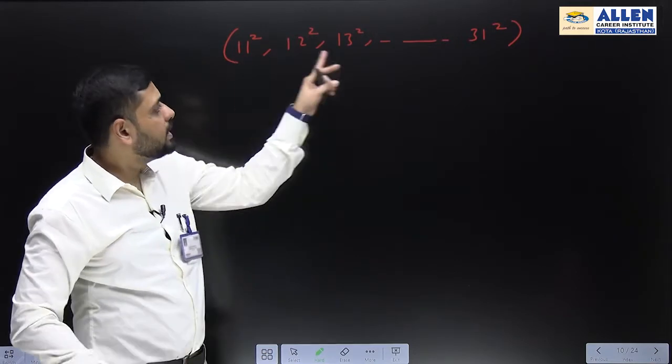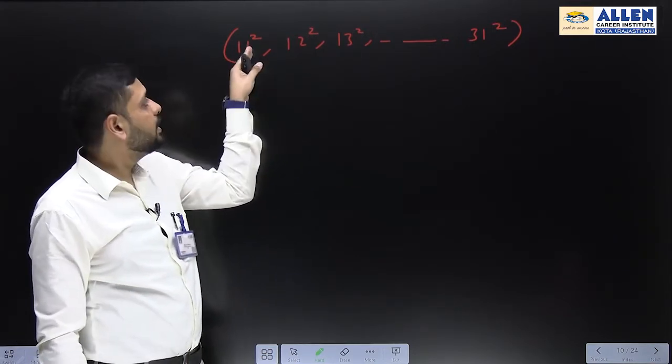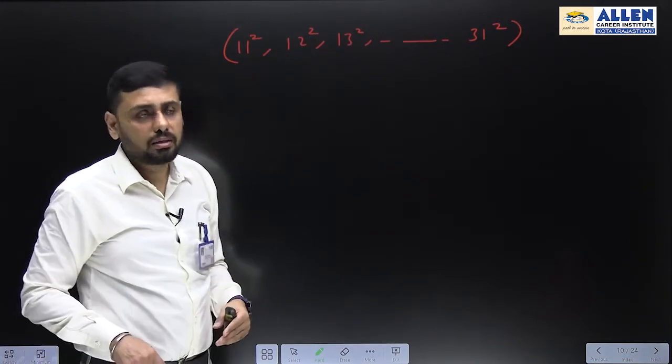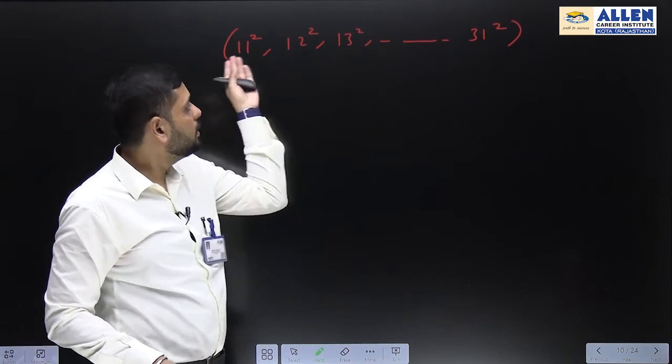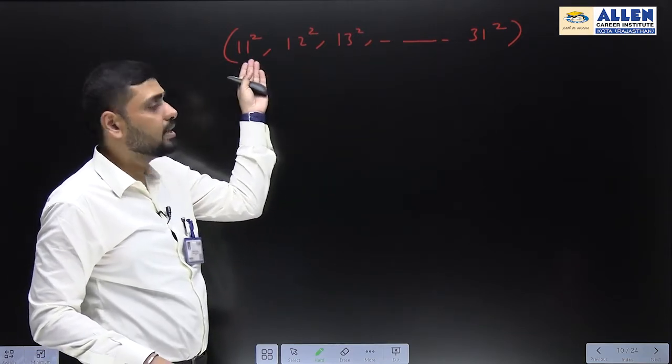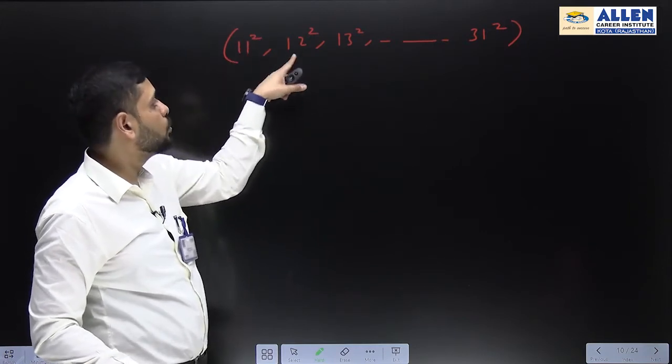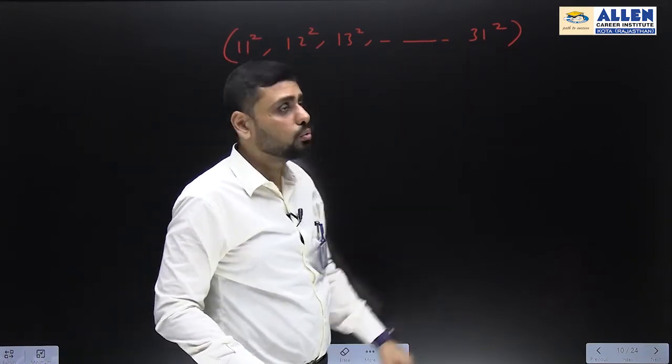So we need to take only these numbers. We cannot take 11 to the power 3, 12 to the power 3, because all those numbers are greater than 1000, right? Here we have taken 21 numbers, from 11 to the power 2, 12 to the power 2 up to 31 to the power 2.